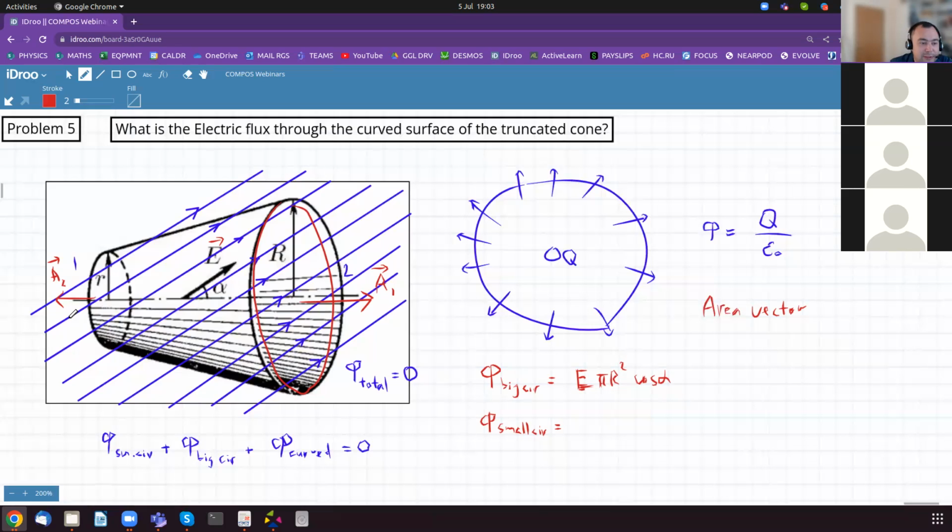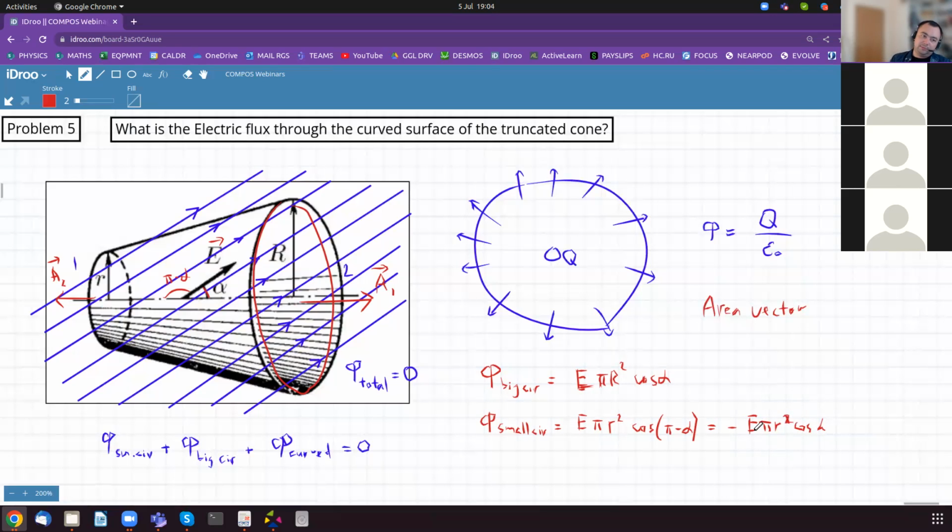We can say the angle between them is pi minus alpha. Yeah, because if this is alpha, this is pi minus alpha. So it's going to be E pi r squared cosine pi minus alpha. And if you studied your trigonometry well, you know that cosine pi minus alpha is minus cos alpha. So it's going to be minus E pi r squared cos alpha.